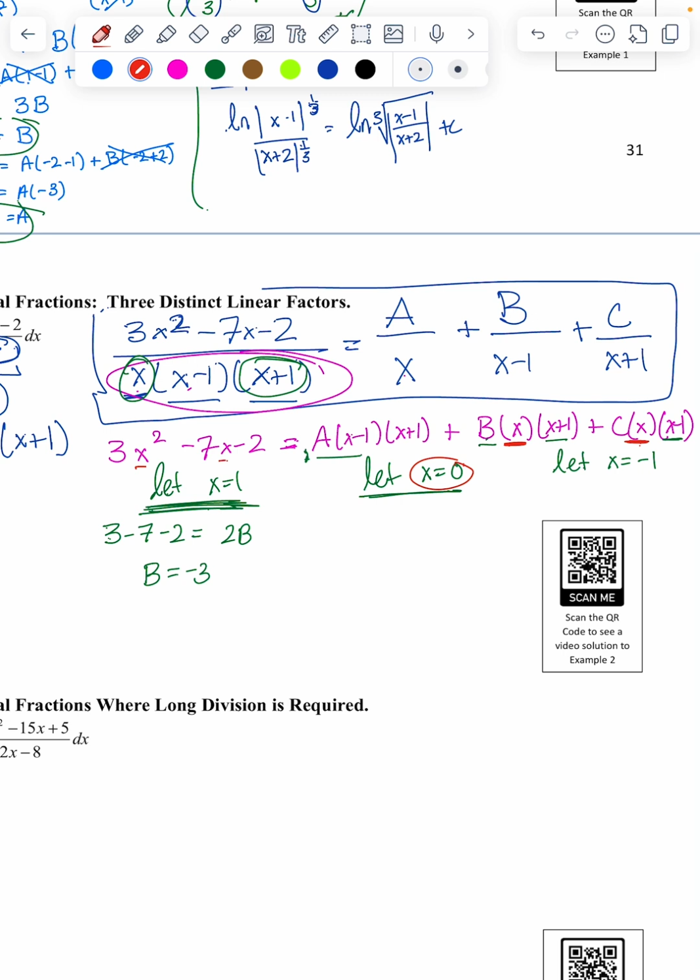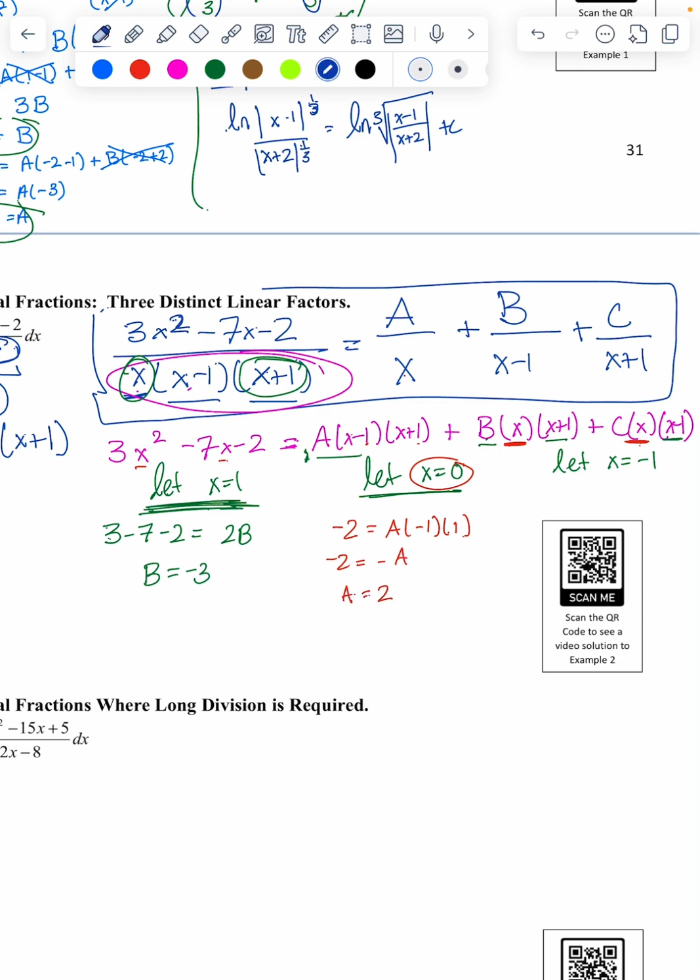So when you plug in 0, you've got negative 2 equals 0 minus 1 is negative 1, 0 plus 1 is 1. So we got a times negative 1 times 1. So negative 2 is equal to negative a. So a is equal to 2.